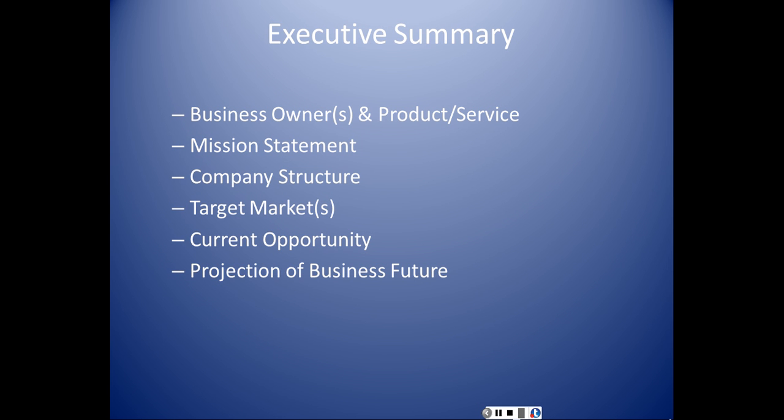The company structure. You may decide that you are going to be the sole proprietor. And a sole proprietor is the simplest and most common structure chosen to start a business. It is an unincorporated business owned and run by one individual with no distinction between the business and you, the owner.